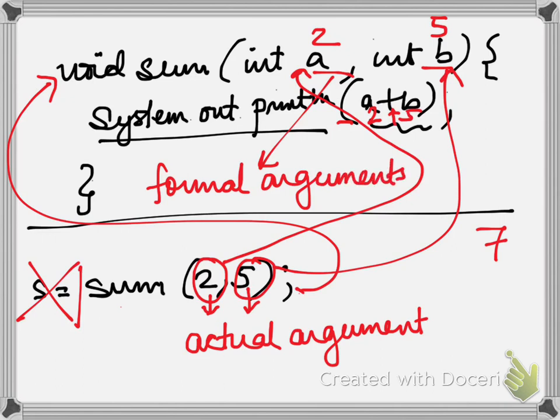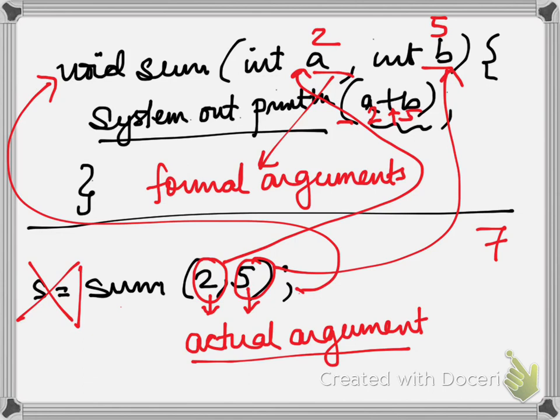So a and b in the method definition are called formal arguments, whereas 2 and 5 in the method call are called the actual arguments. So formal arguments in the method definition, actual arguments in the method call.